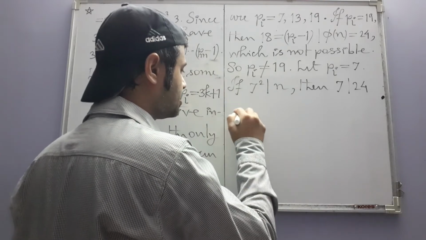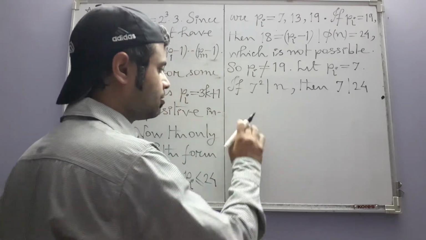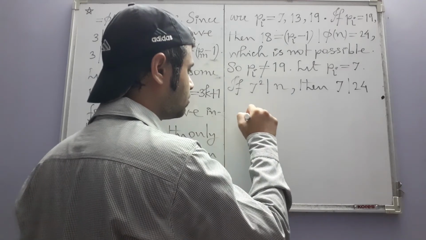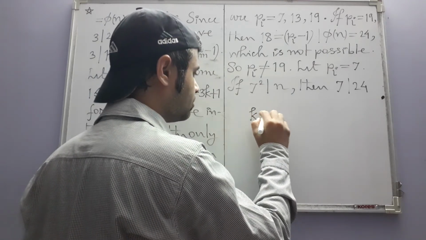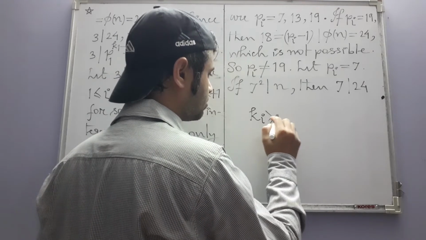It is because you see 7 square dividing n actually is just equivalent to having this.